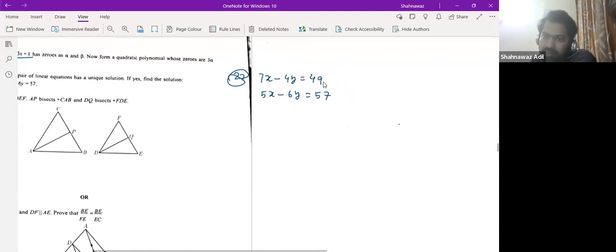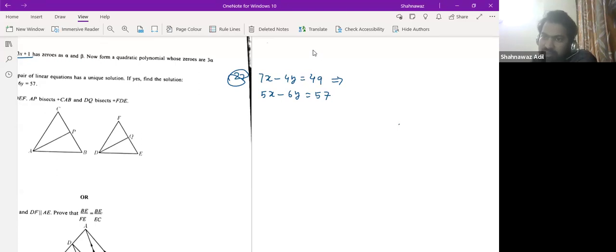No, sir. So we have to write it in general form. What we need to do is take 49 to the left hand side. There would not be any square, this is a linear equation.